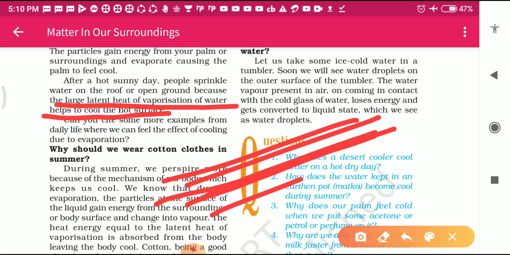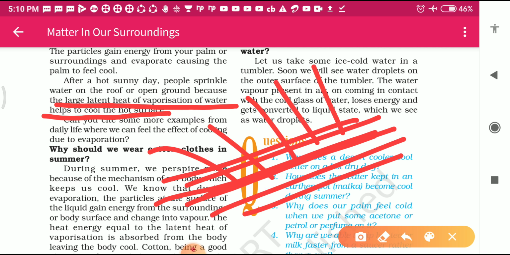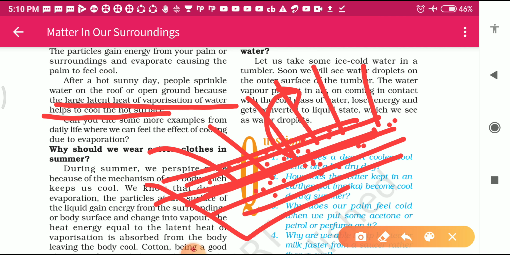When you sprinkle the water on this surface, then what happens? When this water is converted into vapors, then this area becomes cool.